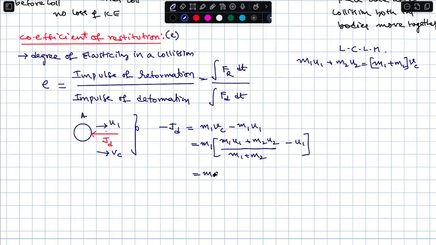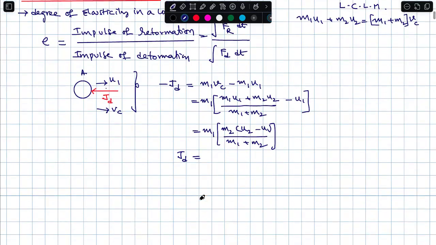And remember, this will become m1 times, you'll get m2 times (u2 minus u1) divided by (m1 plus m2), right? So actually, u1 is greater than u2, therefore Jd can be written as m1 m2 by (m1 plus m2) times (u1 minus u2).